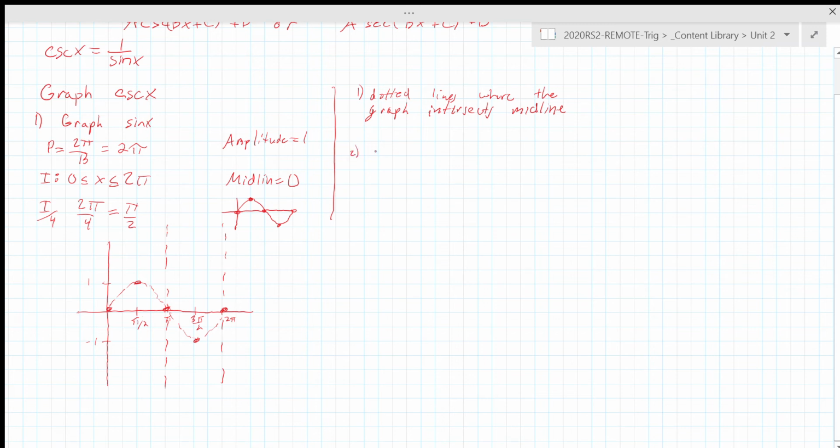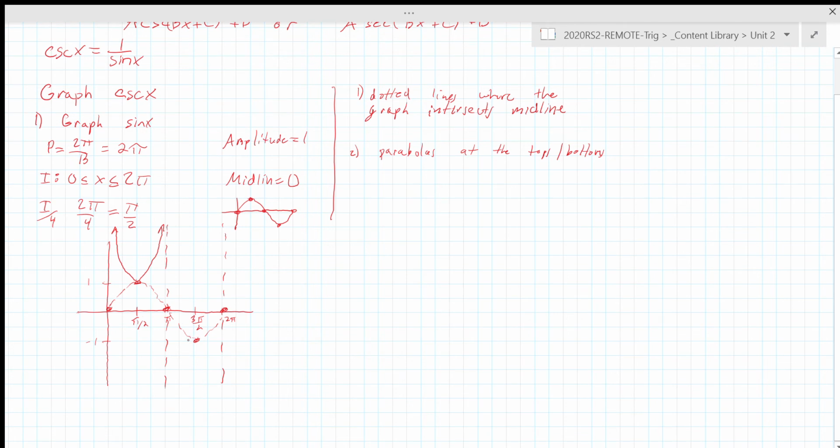And then second, you're going to basically be drawing parabolas at the tops and bottoms. I'll just leave it as that because you'll understand what I mean when you see it done. You'll start at the top of the sine function, and you're making a parabola that goes up towards the dotted lines, or up towards those asymptotes.